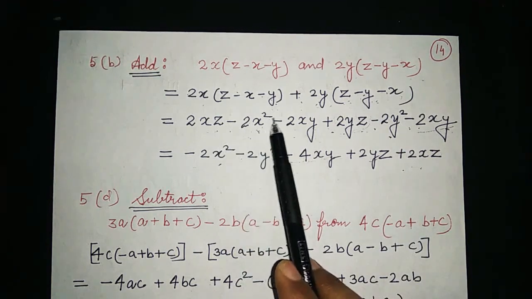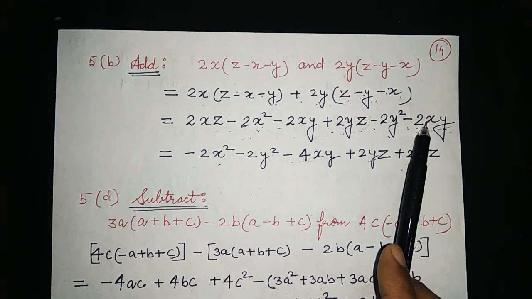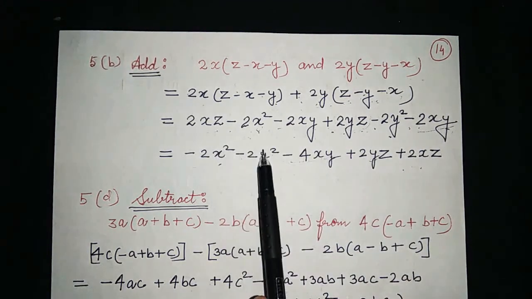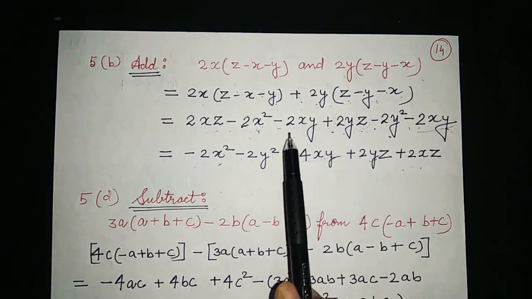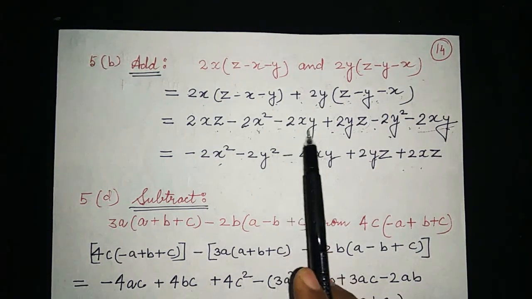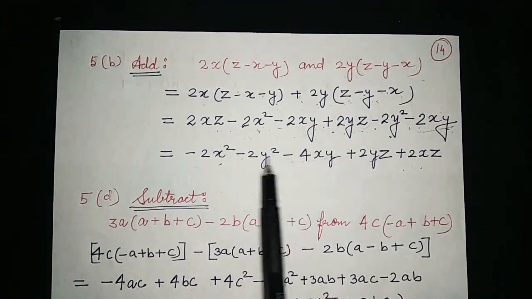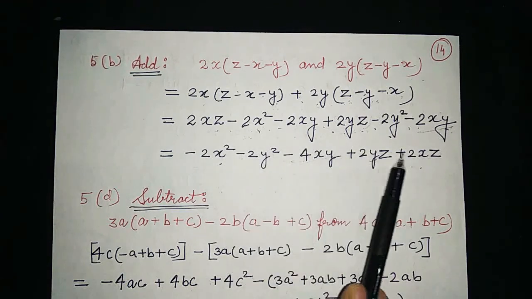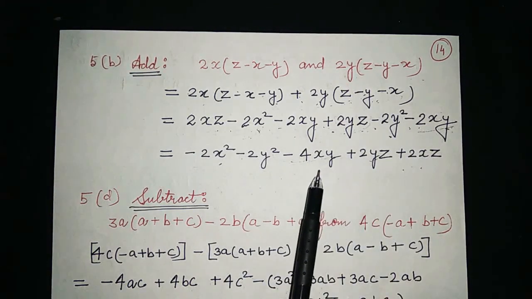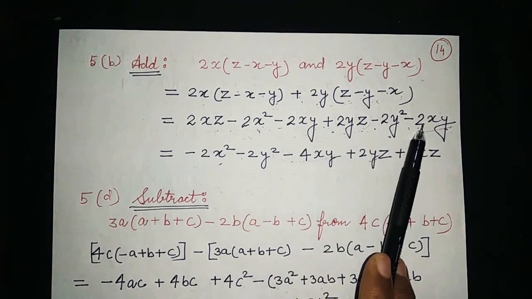Here 1, 2, 3, 4, 5, 6. 6 terms are there, and here 1, 2, 3, 4, 5 is coming. Why 5 is coming? Because here we have added this minus 2xy and this minus 2xy to get minus 4xy. So here in this step we are getting 5 terms, and here we have got 6 terms.